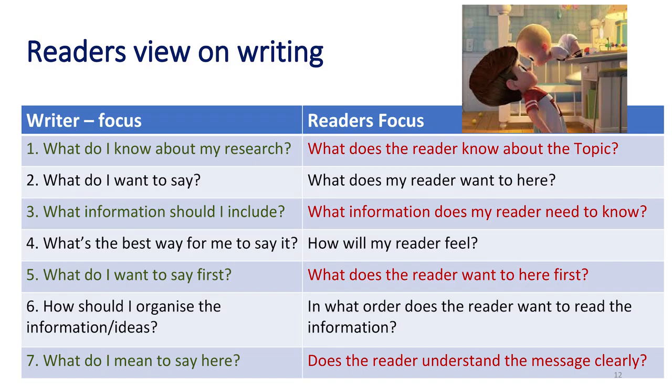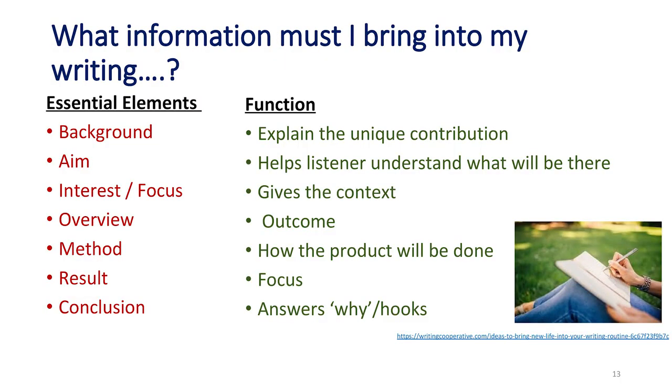And the reader would want to hear what new information you are bringing, what he would like to learn first. In order for the listener to hear, you have to give very accurate information, and as the listener understands the message clearly is what you have to inform about. What information must you bring into the writing?